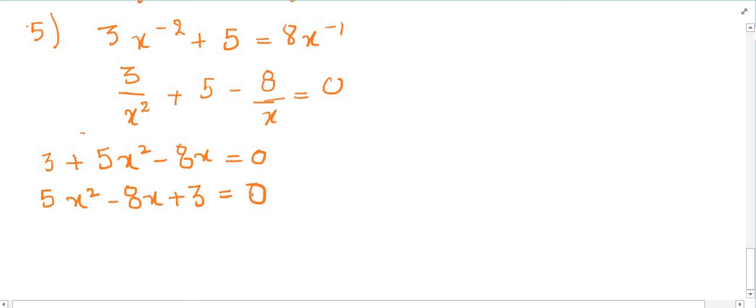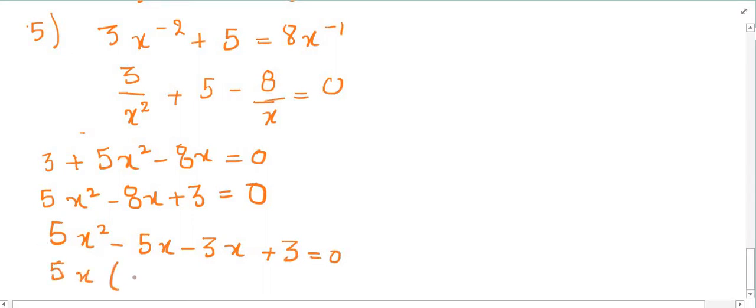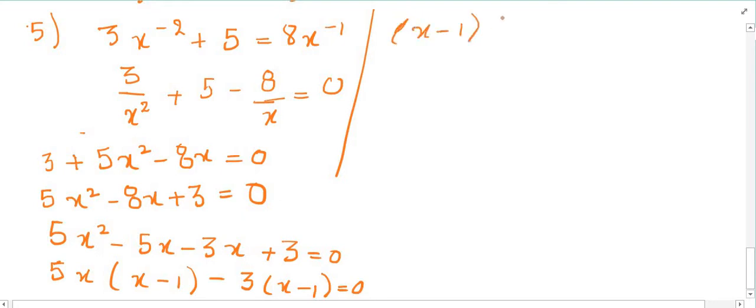Now there is 5 times 3, AC is 15. Make the factors 5 and 3. 5x squared minus 5x minus 3x plus 3 equals 0. Take 5x common, it becomes (x minus 1), minus 3(x minus 1) equals 0. (x minus 1)(5x minus 3) equals 0.